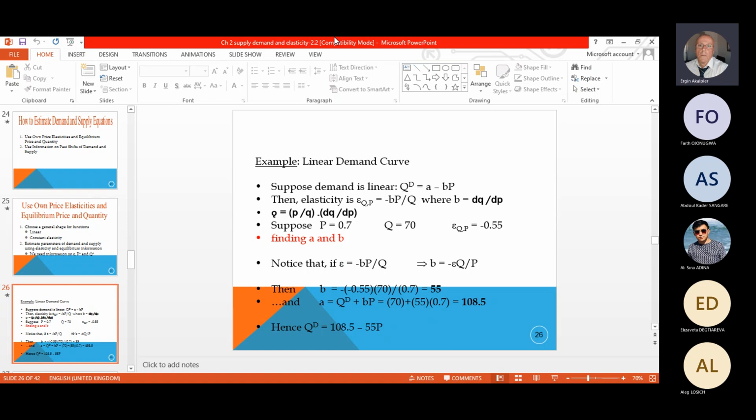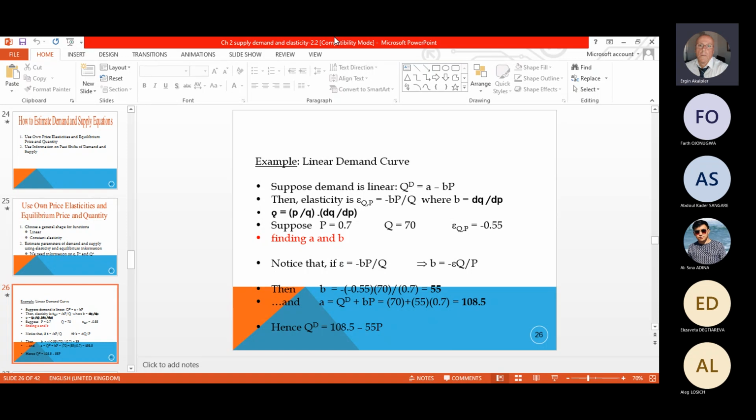And for A, you rewrite the equation by adding BP to the other side, so Q plus BP gives you A. Then you put this all together to find A. Q is 70 plus 55, which is B, times 0.7, the initial price.